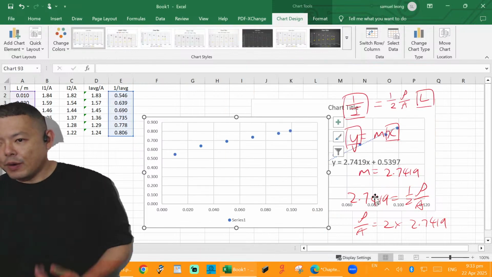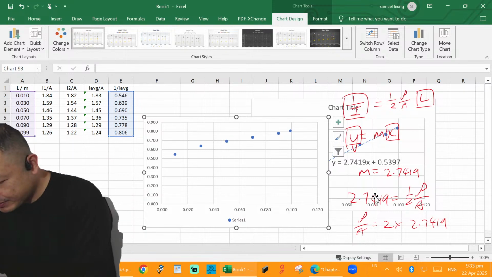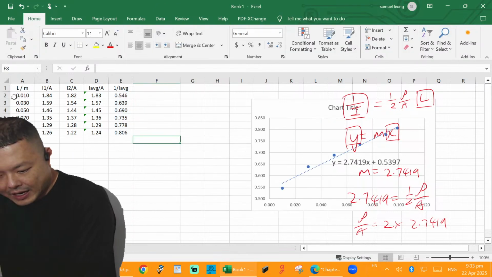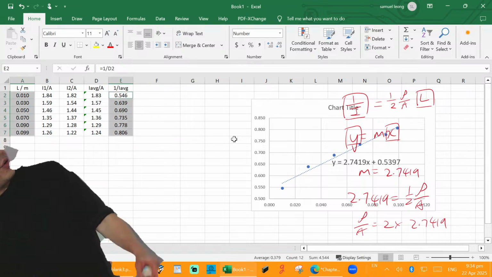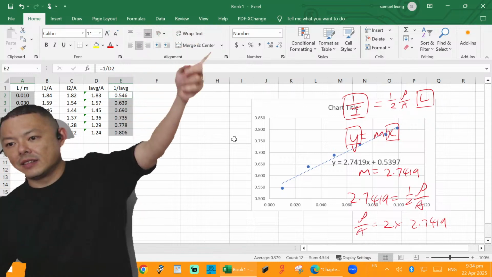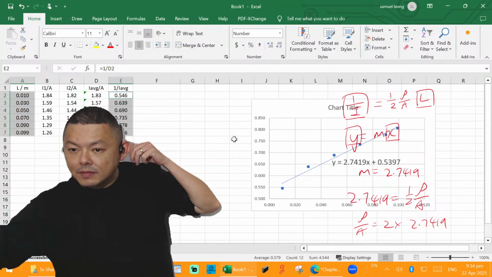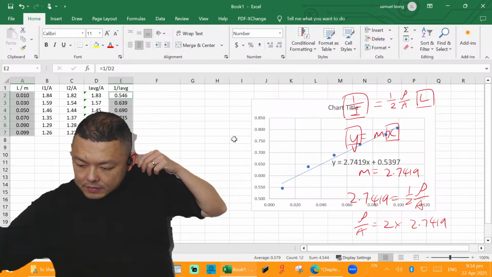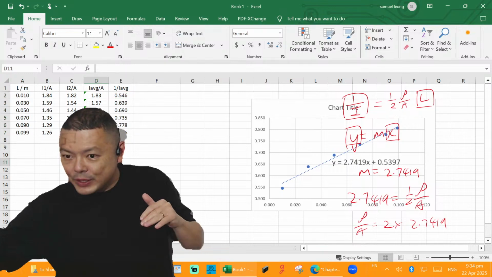For me, I don't like it like this. I mean, my data is there already, right? For me, I highlight this column, I hold on control, highlight the other column, and then I just insert the chart based on these two columns. So it depends on which column you highlight first.